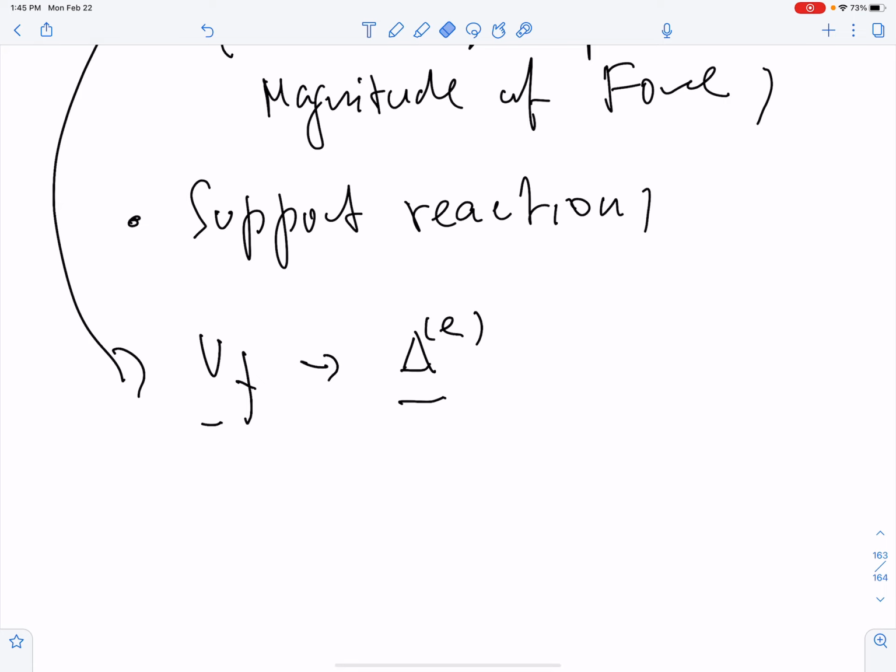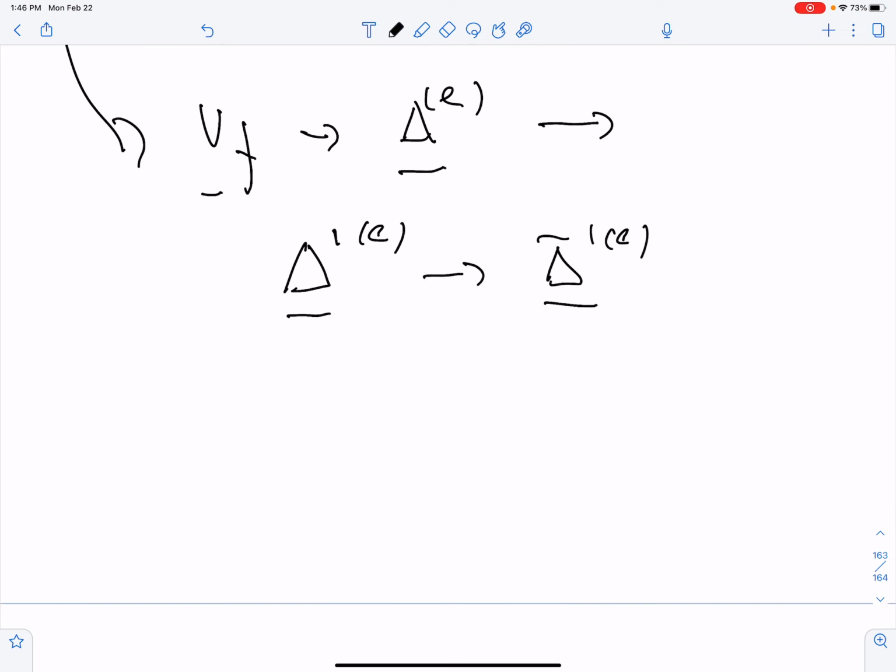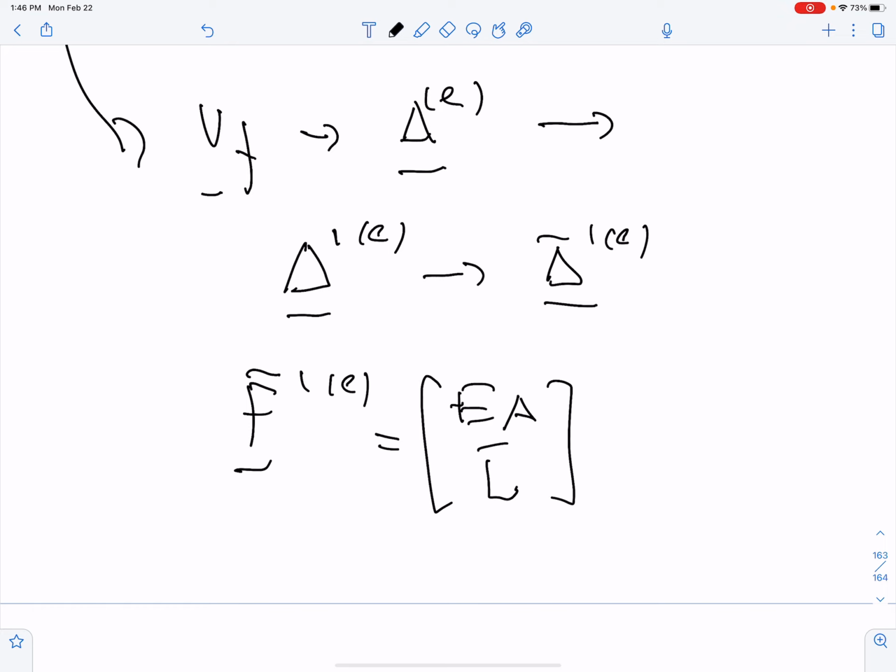Then from delta you convert things to the prime, to the local coordinate system. From the local coordinate system you convert to the element basic system, and then you use the relationship F prime in the basic system equals EA over L for that element times delta prime E.